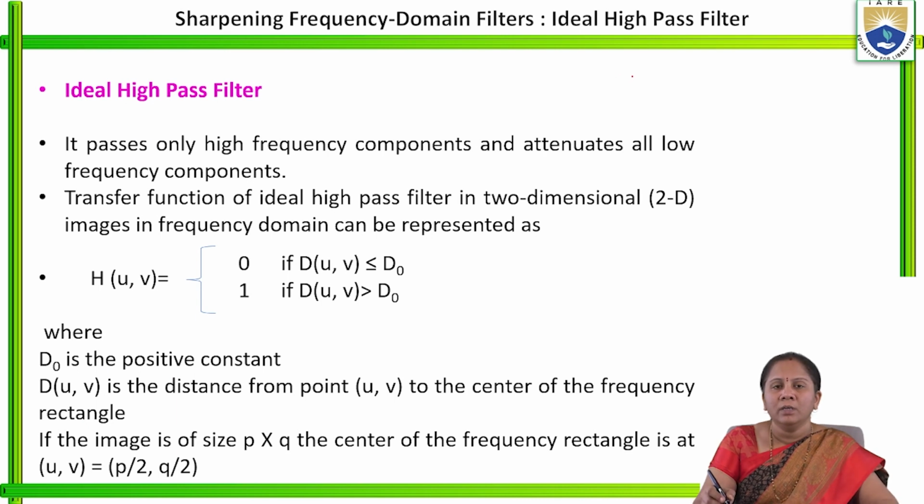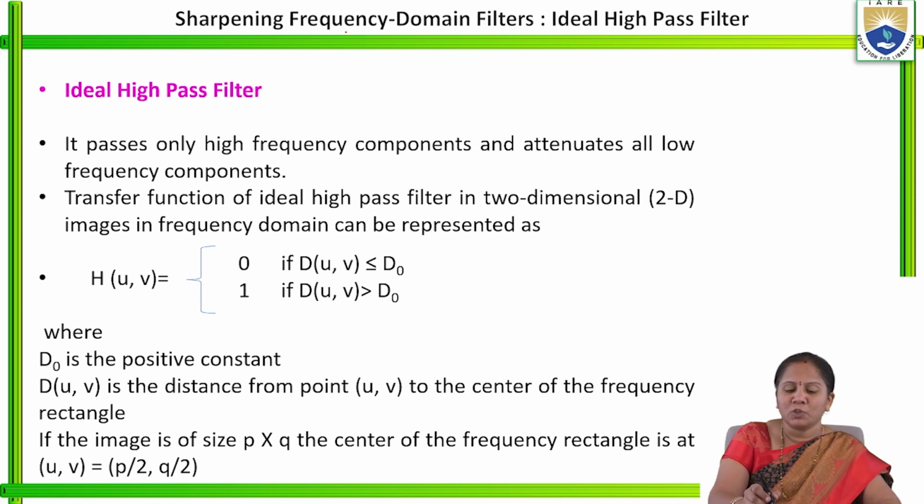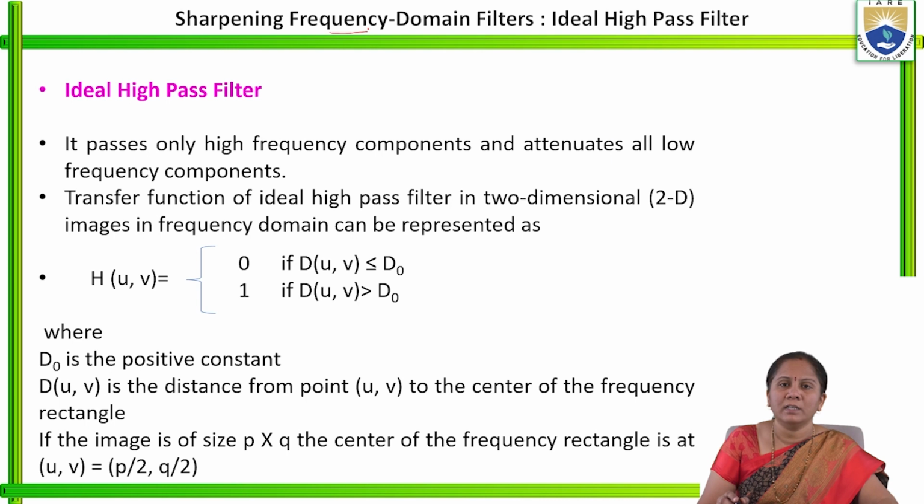Now, coming to the different types of filters under sharpening frequency domain filters. The first type of filter is the ideal high pass filter. We will be discussing each classification of high pass filter under the sharpening frequency domain filters in detail.